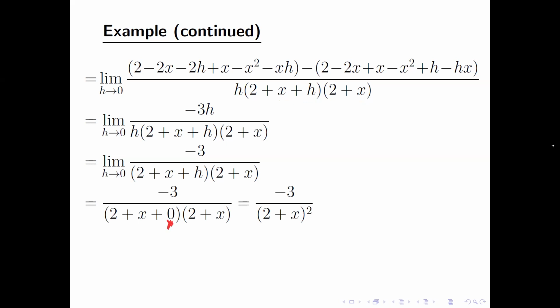Here, when h approaches 0, this part you are going to be left with 2 plus x, which will be the same as 2 plus x. Then here we can apply the laws of exponents. Okay, so now our derivative, or the slope of the tangent line of that function, is equal to minus 3 over 2 plus x, the whole thing squared.